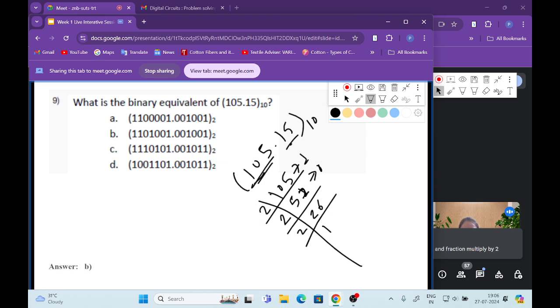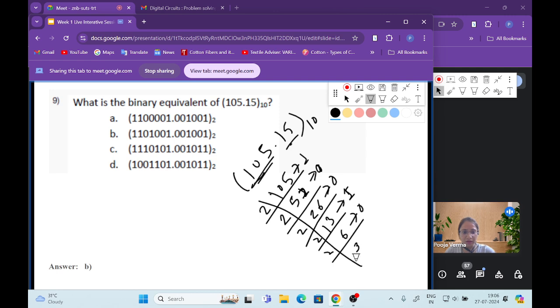Again 2, 13, nothing left, 0. 2 times 6 is 12 plus 1, 13. 2 times 3 is 6, nothing left. So 2 times 1. Now take it, write it in this way.